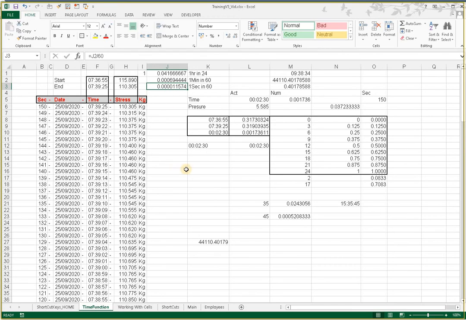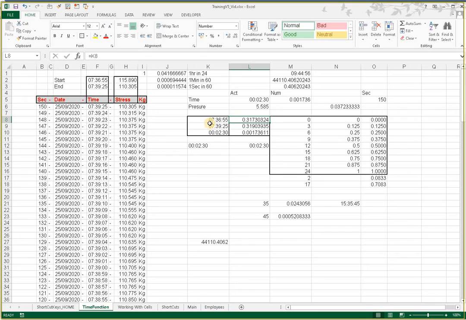So if I multiply 24 times 60 times 60 times this number, I should get 1, because I've related it all back to one day. All these numbers that we look at are therefore parts of the day.